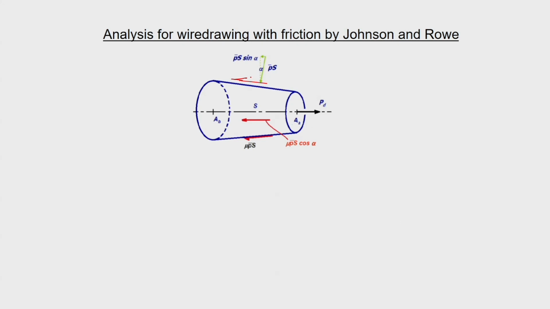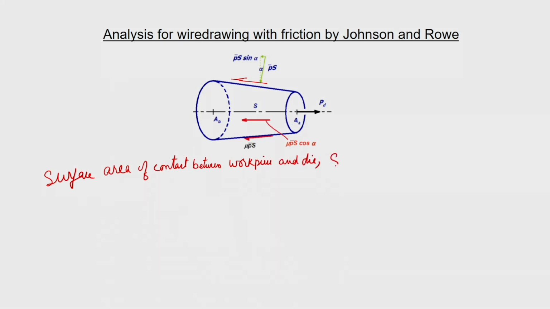But here the only thing is the surface area of the contact between the wire and the die, between workpiece and die.